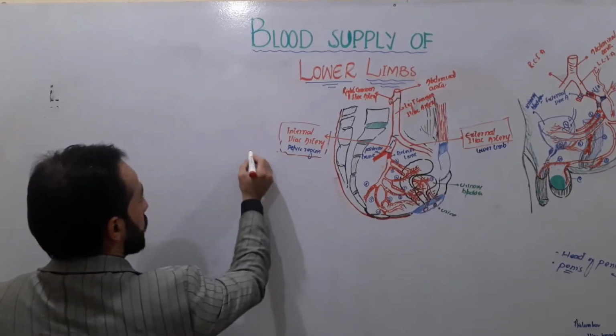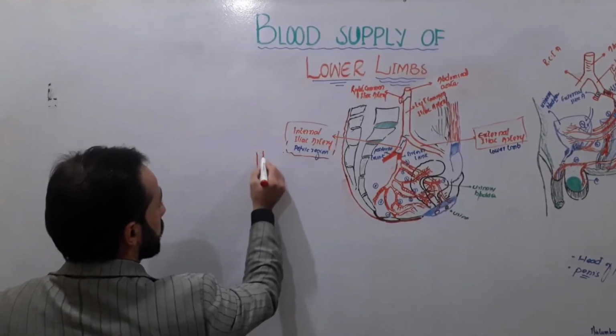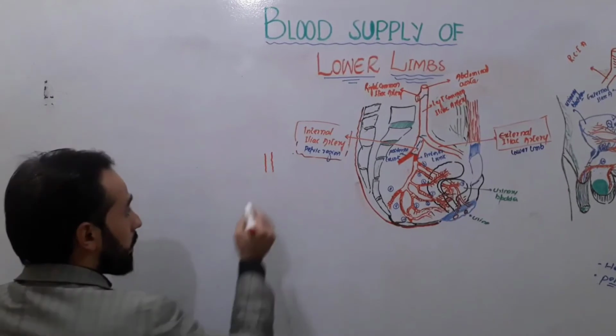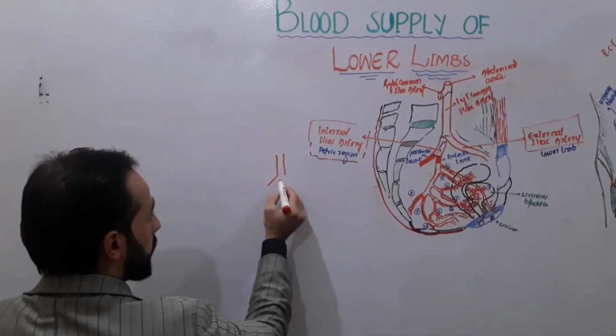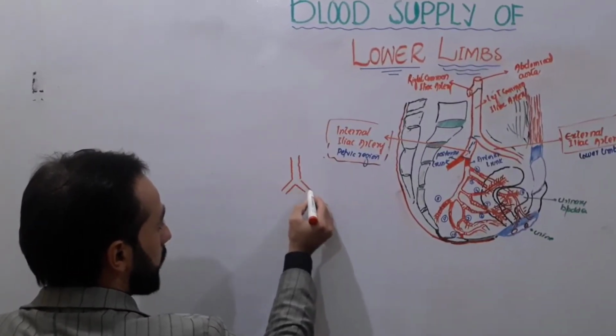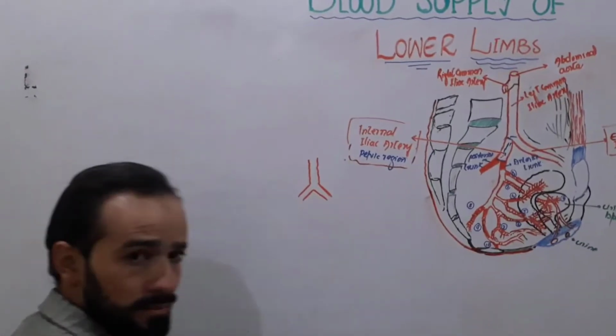right? So look carefully. I had told you that there is the abdominal aorta. This abdominal aorta bifurcates into right and left common iliac arteries, right?